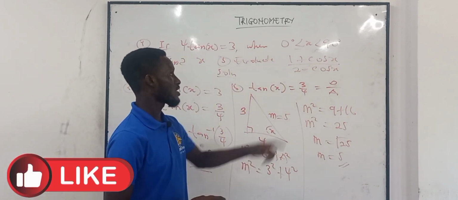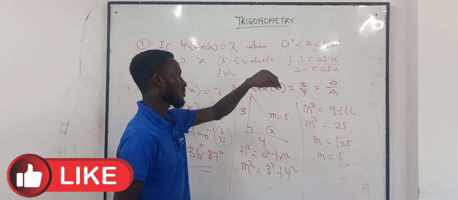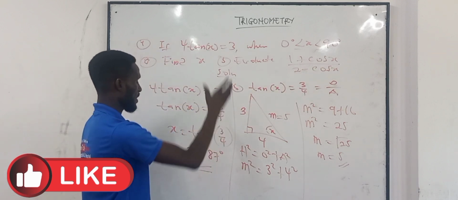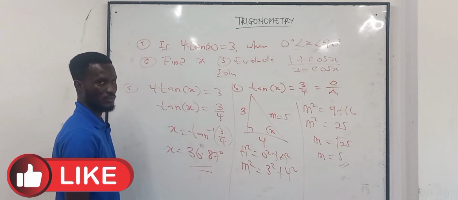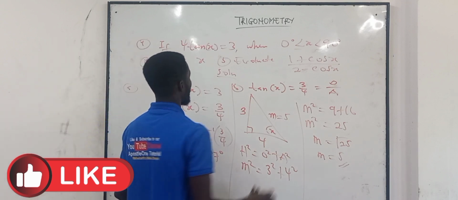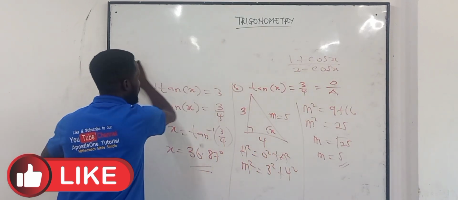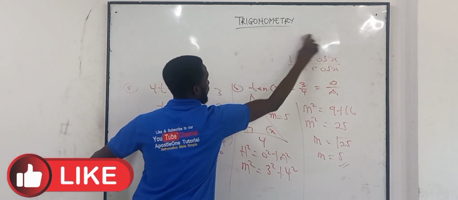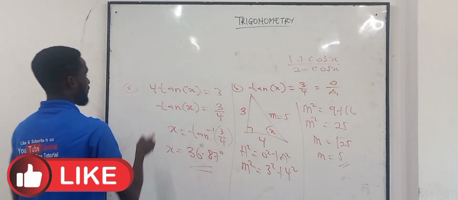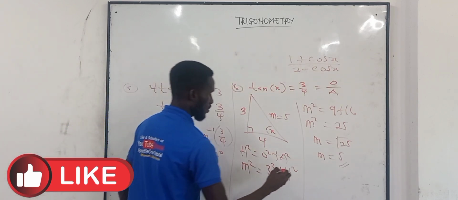Now with this, we can solve our cos. When we solve our cos, then we come and substitute. Let me find cos x here.